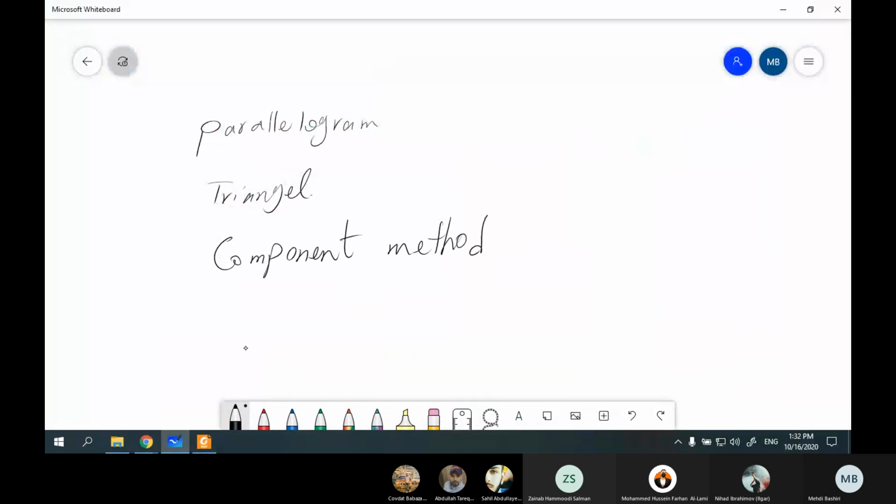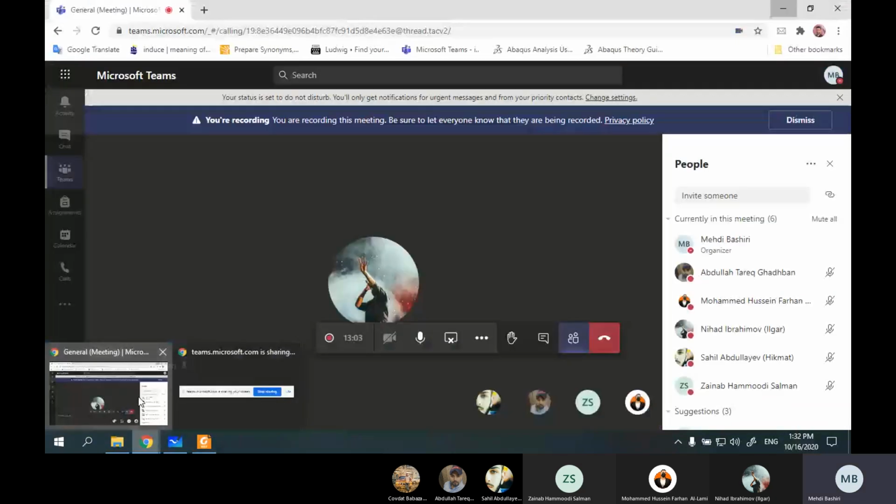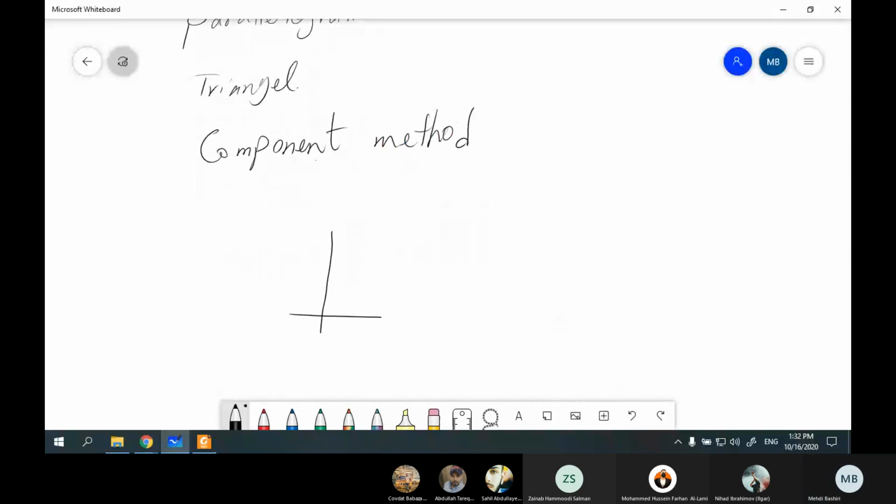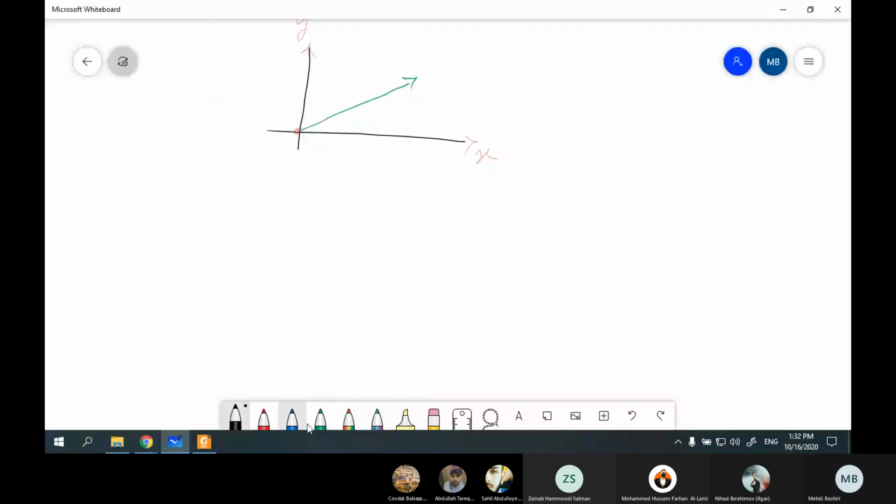In the component method, this is the force, starts from point O, in, for example, an XY coordinate system. And you have another force like this, one force like this, the other force like this.